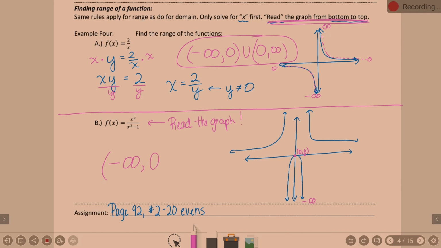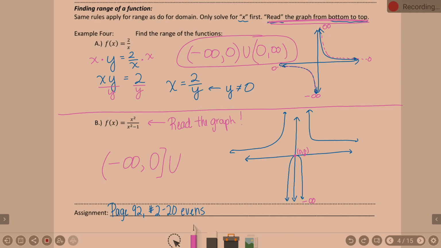Parenthesis or bracket? Does it actually touch the y value of 0? It does. That's not an asymptote at 0. That's a point on the graph. You see y equals 0 on the calculator, so we're going to touch. Now, I'm not done. Union.